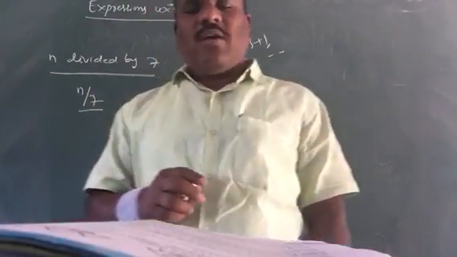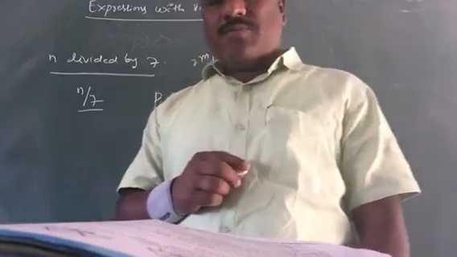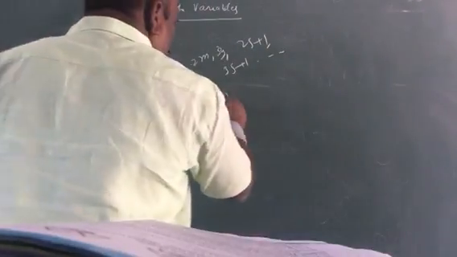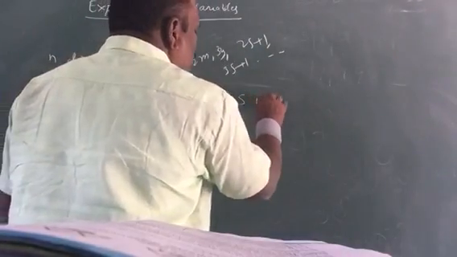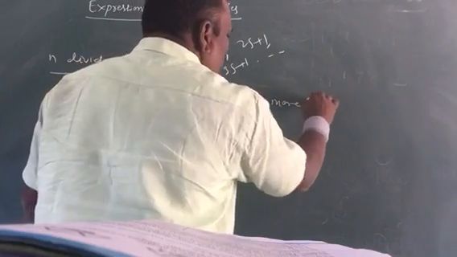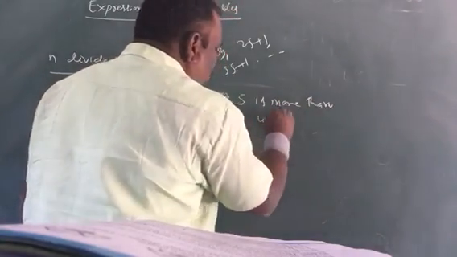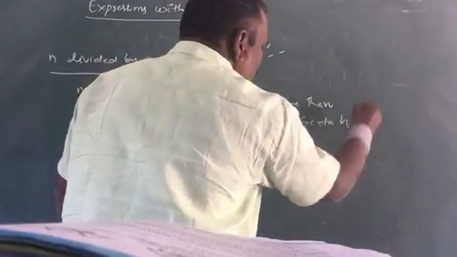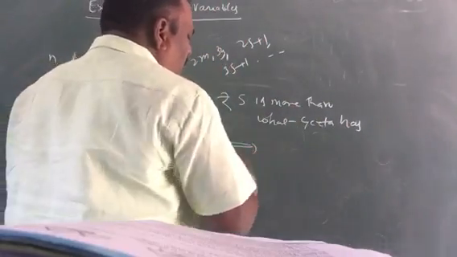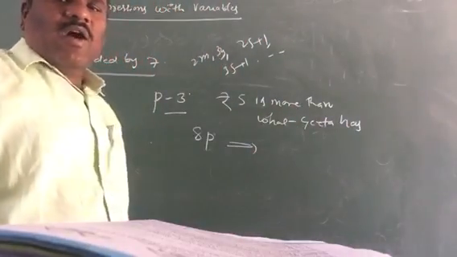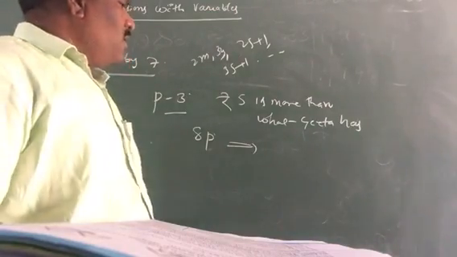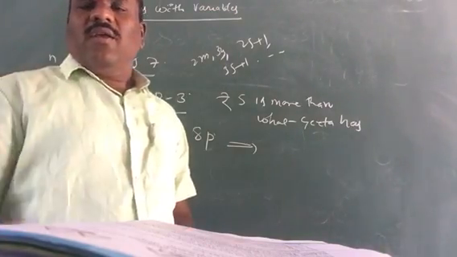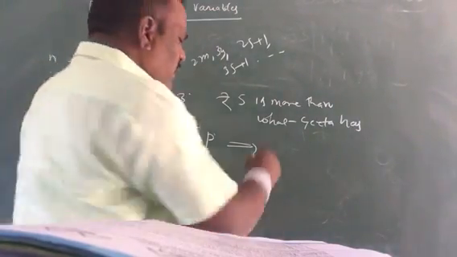Like that, one more example. Rupees 5 more than what Geeta has. How can we write it as an algebra expression?